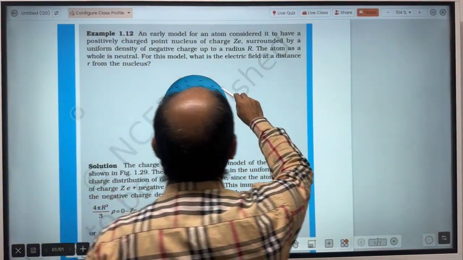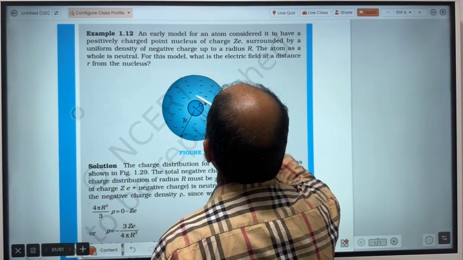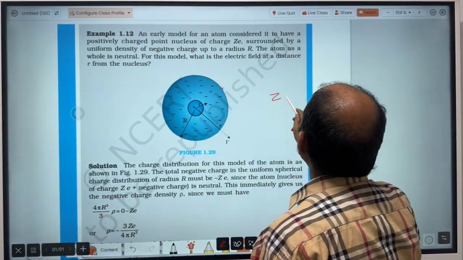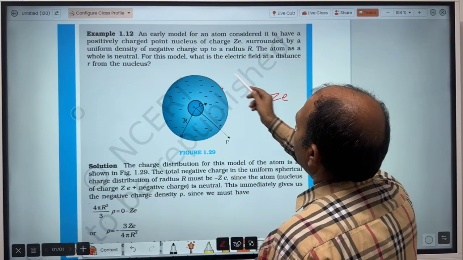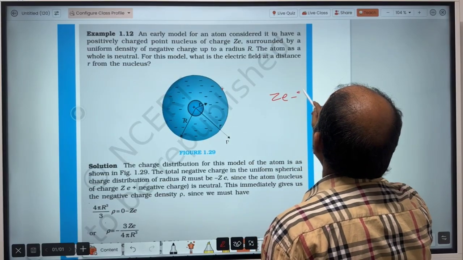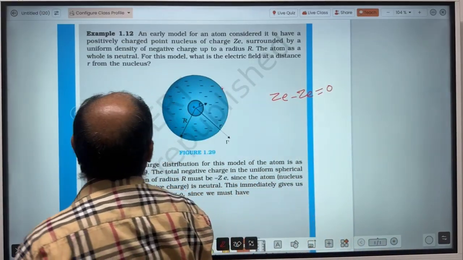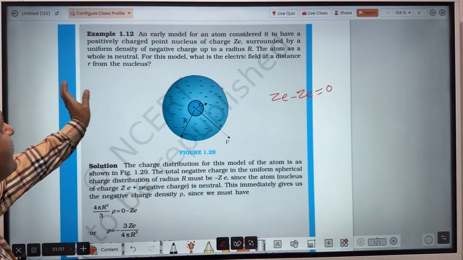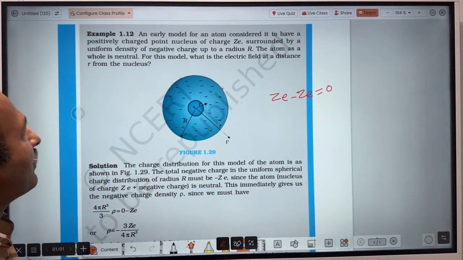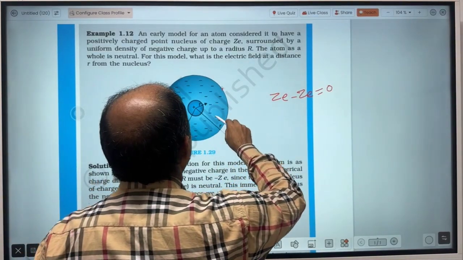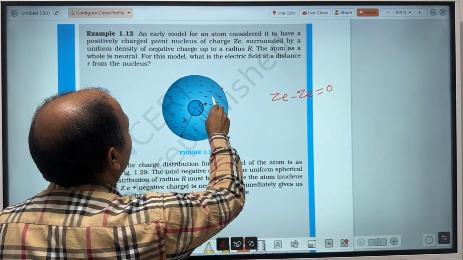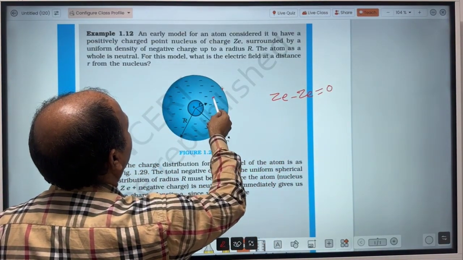So at this point, if you consider the net charge, Ze is the total positive charge and minus Ze will be the total negative charge. So the net charge will be 0. That is why an atom is neutral. Now suppose we consider any point inside here, then what happens?